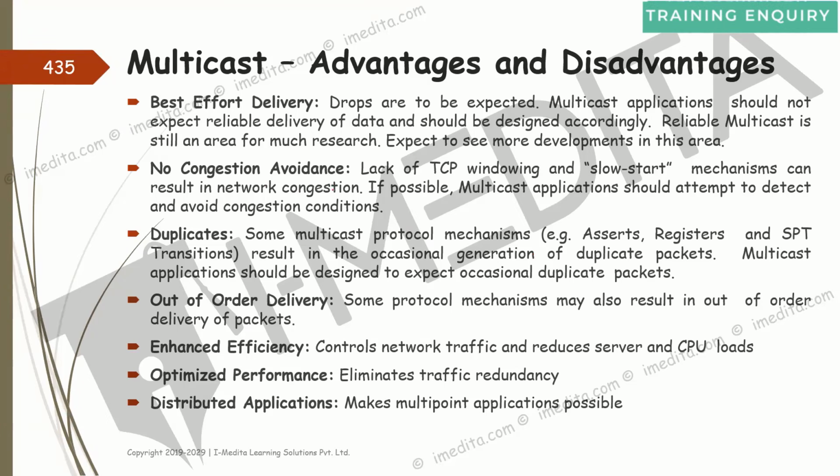There is no congestion avoidance. So if multiple messages are being sent, congestion might occur. There is no TCP windowing or slow start mechanism. So because of multicast, congestion might occur in the network. Again, it becomes the responsibility of the multicast application to attempt to detect and avoid congestion conditions as much as possible.